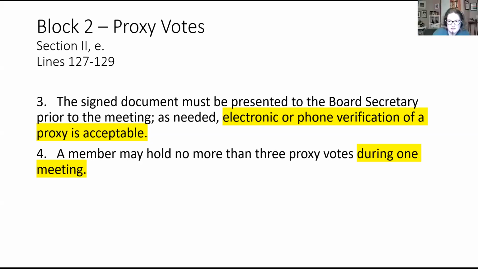The floor is open for discussion. There are no hands raised. Jack, is there anything in chat? No, nothing here. Okay, then I'll ask Alan to go ahead and put up the block 2 voting panel.